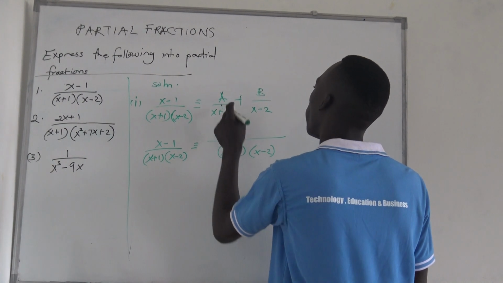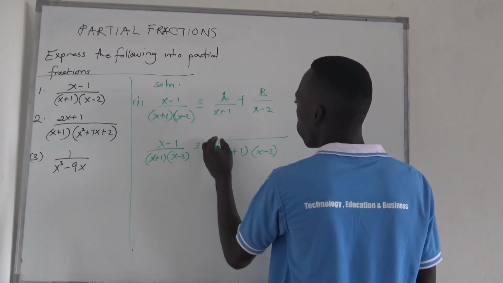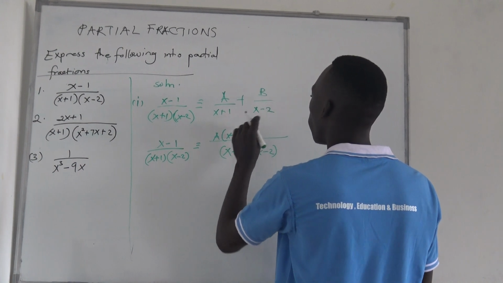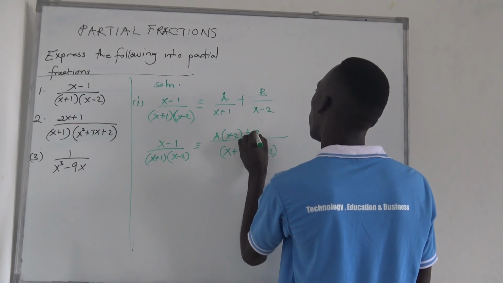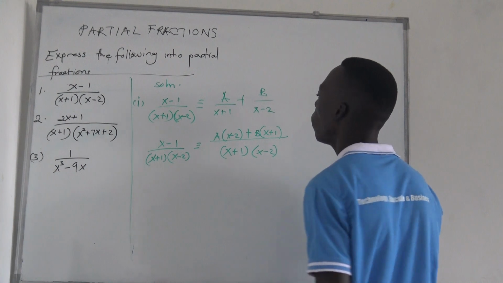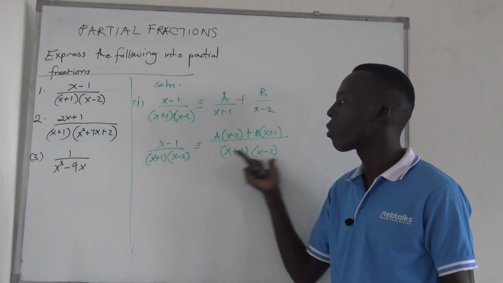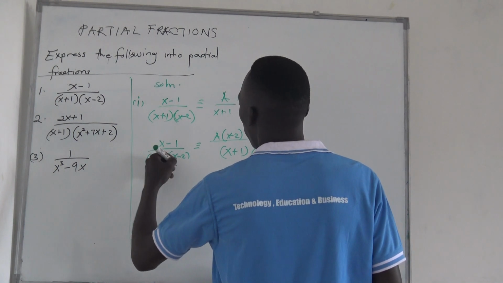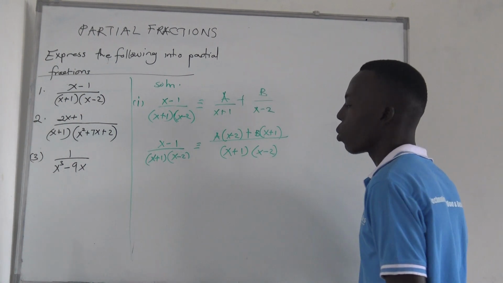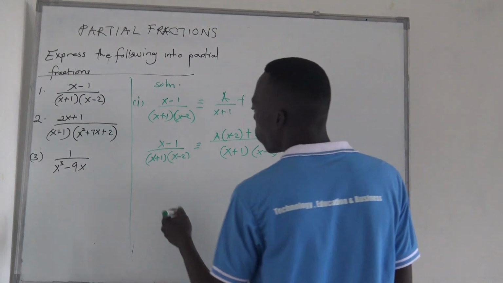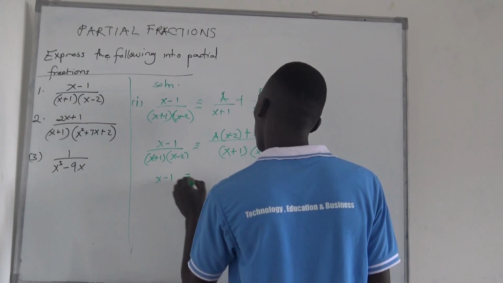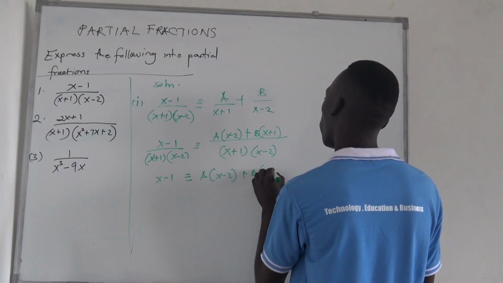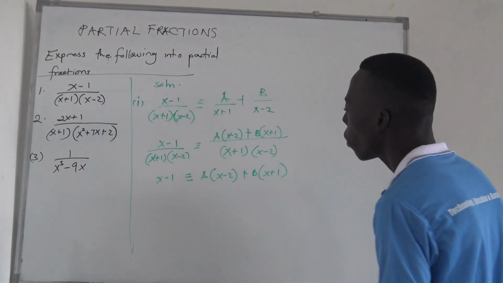Divided by x plus 1, we remain with a times x minus 2, plus b times x plus 1. Multiplying by the LCM, the denominators go away, and we remain with x minus 1 equivalent to a into x minus 2 plus b into x plus 1.